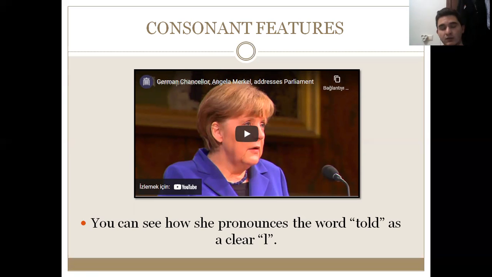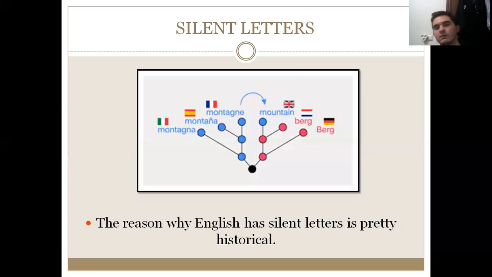In her speech, she says the word told. The way I say told, you can understand the L sound is a dark L, but she pronounces it as told. She takes the dark L and makes it into a clear L. So people use these features in order to overcome these hardships.